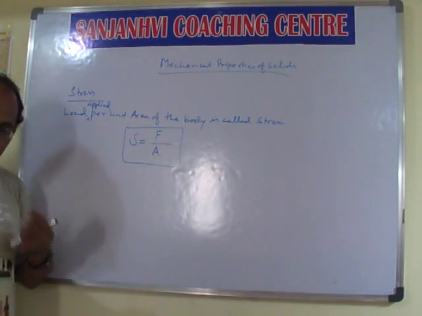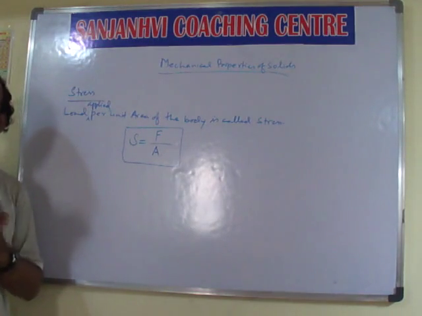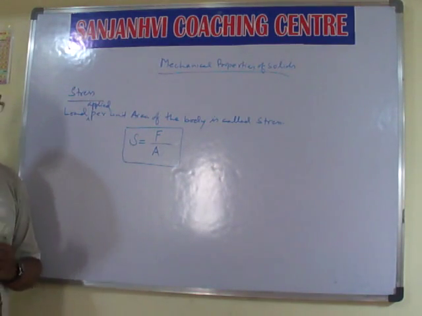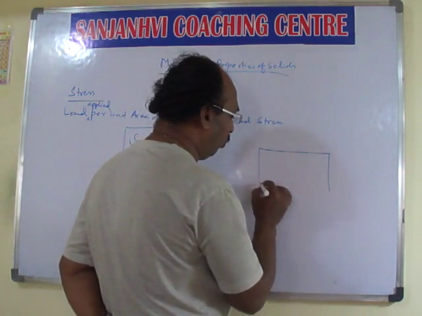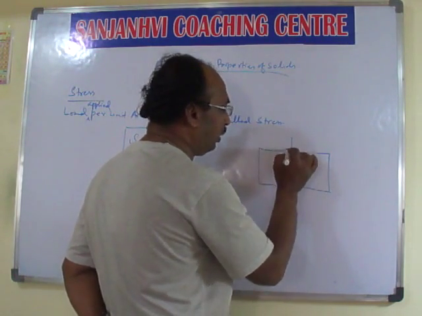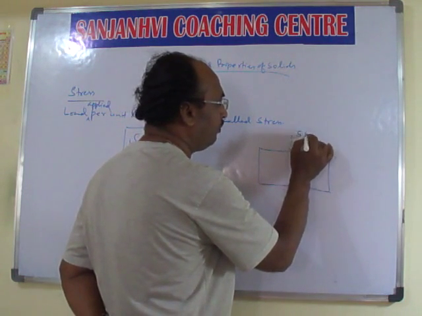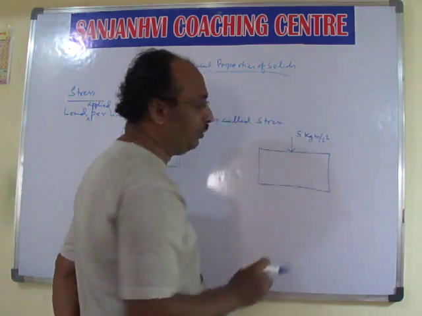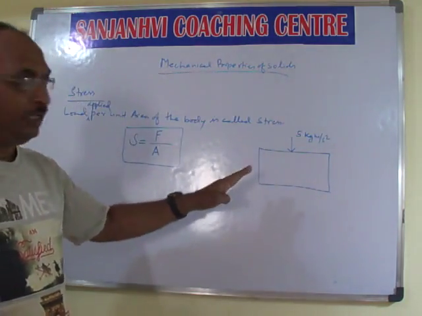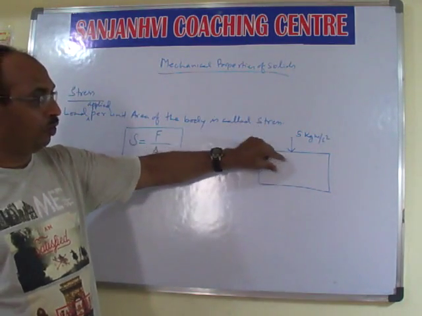Stress is the internal property of the body due to which it resists any type of load. Suppose we apply a load on this particular body, a force of 5 Newton. So 5 Newton of force or load we have applied on this body.